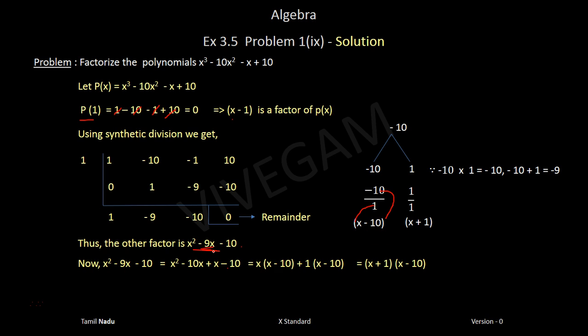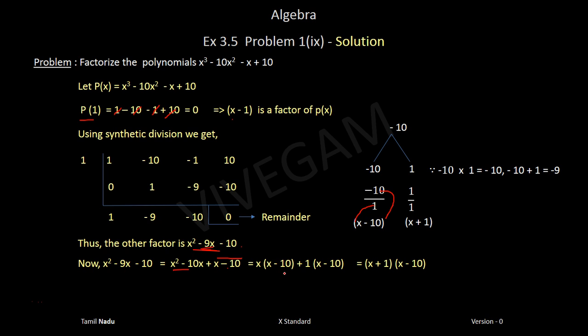But I'm going to do it by the other method also to show you. The minus 9x can be written as minus 10x plus x, because it's a multiple of minus 10 into 1. Now you can take x commonly out from the first two terms, and 1 commonly out from the other two. When you take x out, you get x into x minus 10.